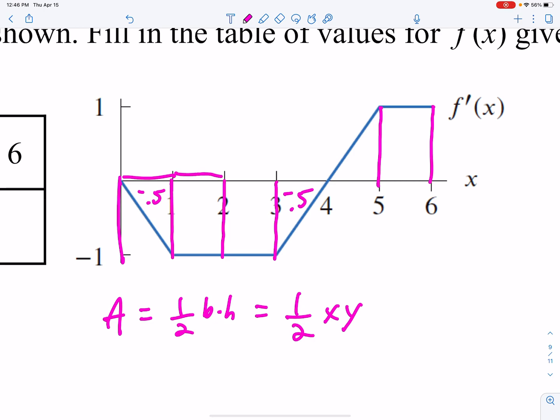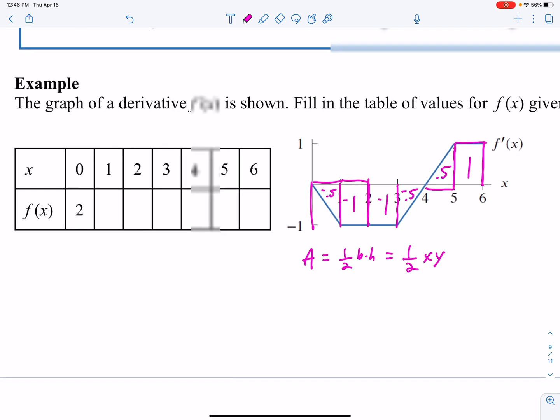This is 1 unit, this is 1 unit, so these are 1, well, -1 for each, because they're below the x-axis. Now this triangle here, same thing, 1 by 1 times 1/2 is 0.5, but that's positive because it's above the x-axis. And this rectangle here is 1 by 1, so the area is 1.